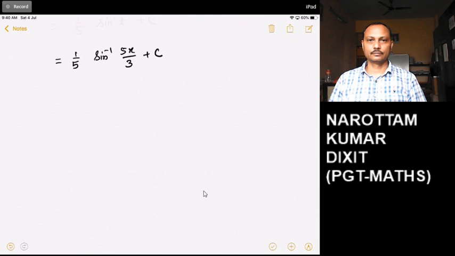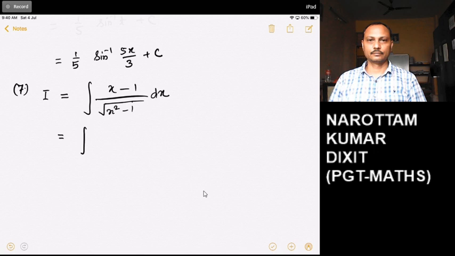Now I have taken seventh problem of the exercise. It is a little bit different. I is equals to integral of (x minus 1) upon under root x square minus 1 dx. Here we can split this function in two different parts.